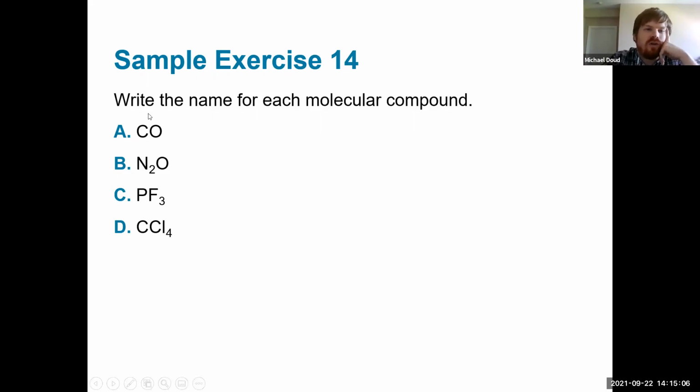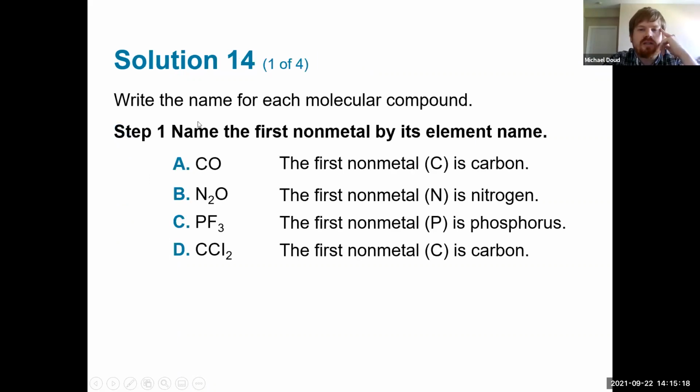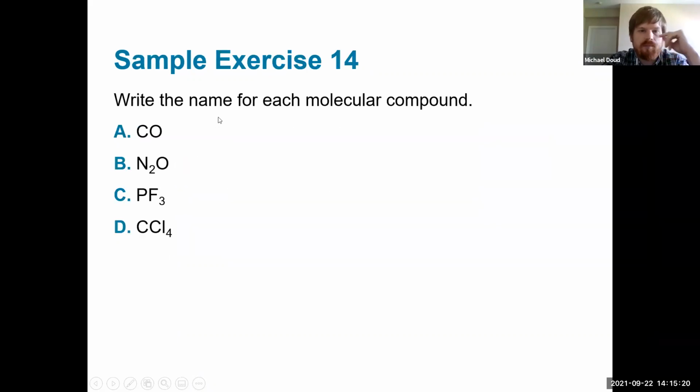Okay, so A is CO. That's a combination of 1 carbon atom with 1 oxygen atom. So the first one's carbon. We have 1 oxygen, so that becomes monooxide or carbon monoxide. I'll talk it through rather than going through step by step so that you can hear how I think about it, and hopefully that helps you.